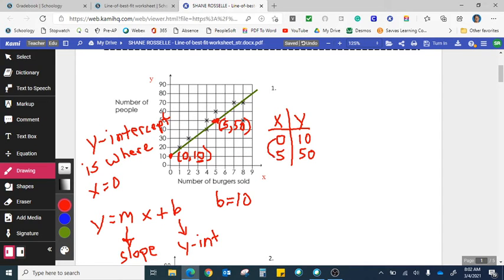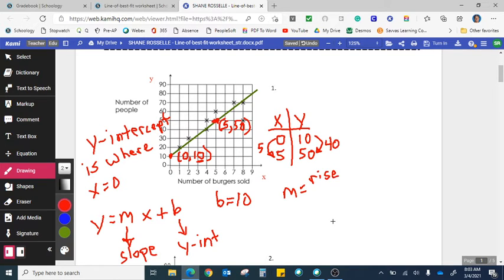The change from 0 to 5 is 5 on the x side, and the change from 10 to 50 is 40. My slope, m, is rise over run.